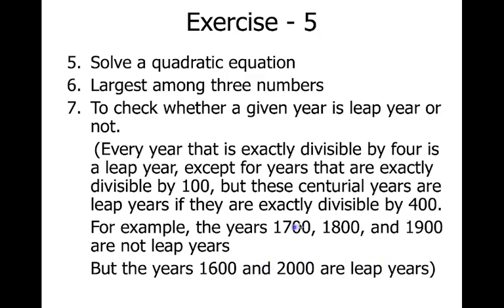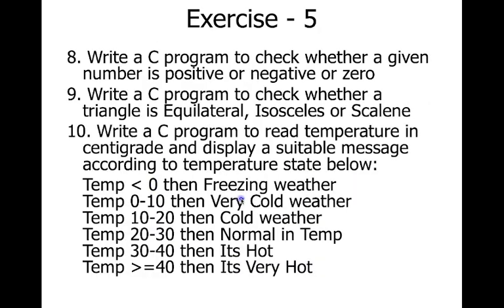It is divisible by 4 and it is also divisible by 400. So you have to check for all these three conditions. Okay. So this is the actual condition. It should be divisible by 4, that is mod 4 should be equal to 0 and mod 100 not equal to 0, or mod 400 equal to 0. So all the conditions should be checked for this leap year.